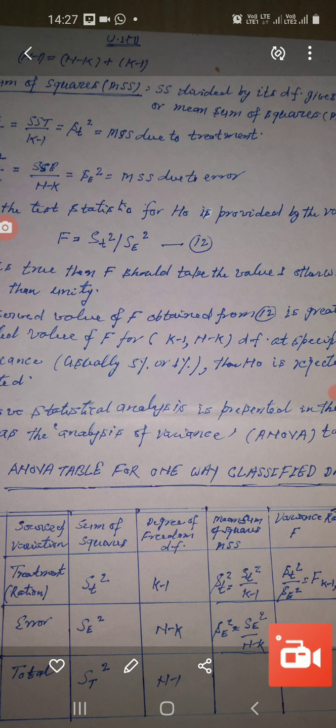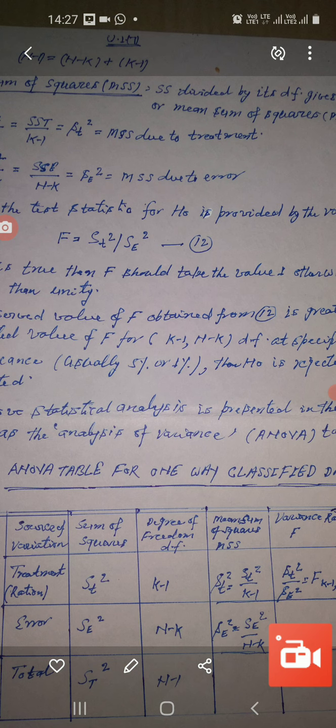The above analysis may be presented in the following ANOVA table. So we will draw the ANOVA table for two-way classified data, as we have done in one-way analysis of variance.